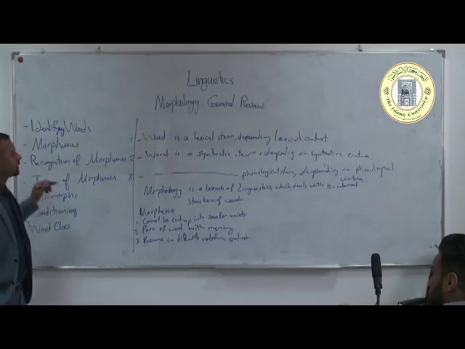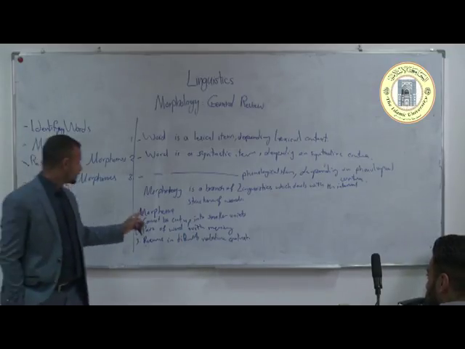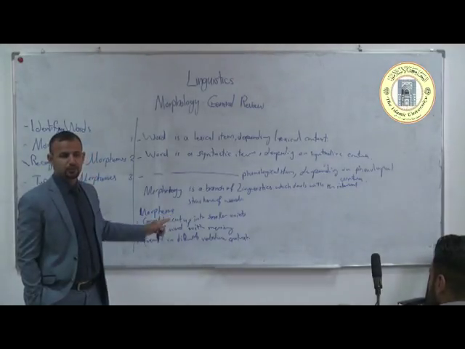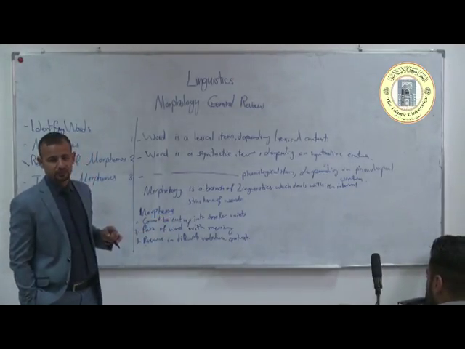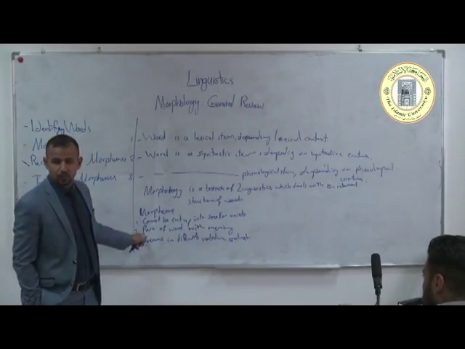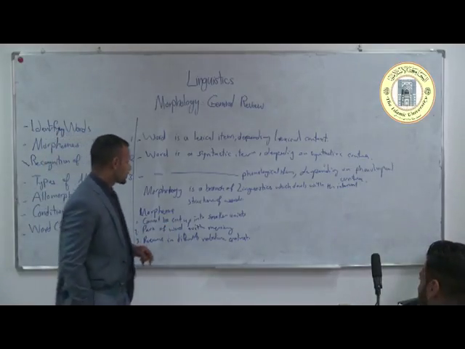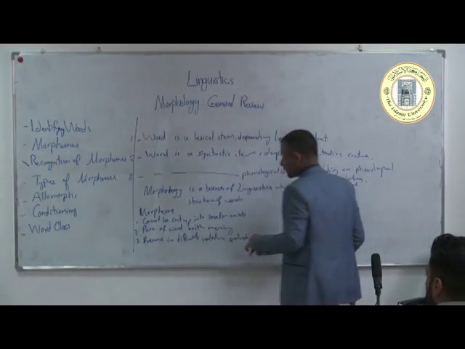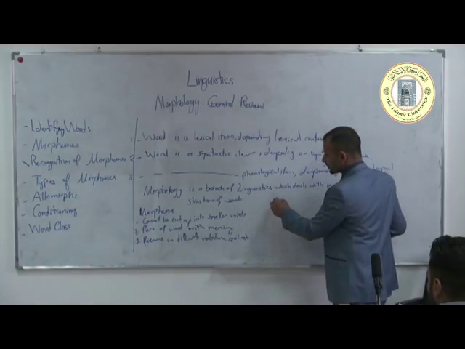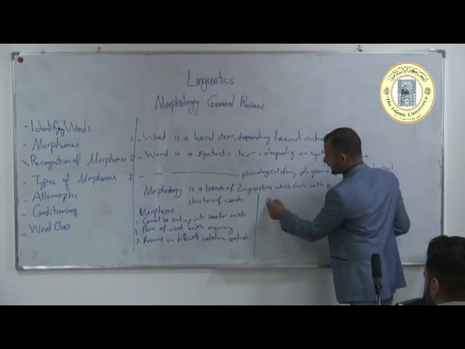With these three criteria: first, it cannot be cut up into smaller meaningful units. Second, it is either a word or part of a word, and third, it recurs with relative meaning. Let's take the example, the word play.